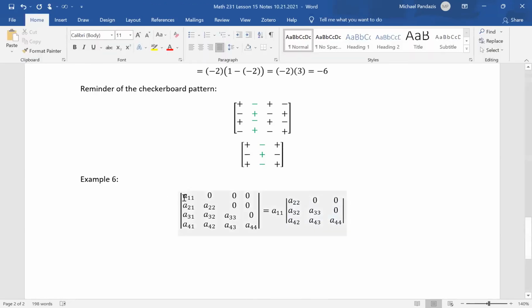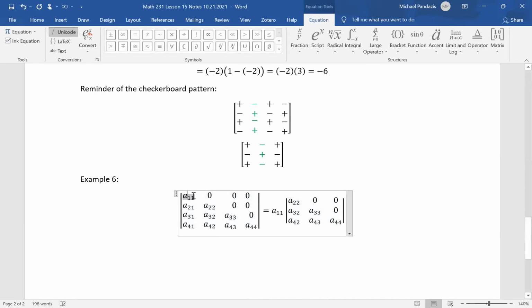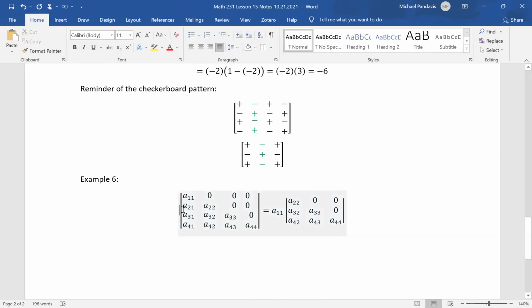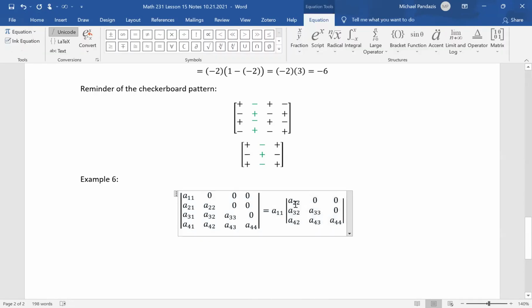All I did was take the cofactor expansion along the first row, and that means it's A11 times the determinant of this submatrix. All the other terms would be 0. And so now the determinant of this 4x4 matrix is equal to A11 times the determinant of this submatrix, which is still the determinant of a lower triangular matrix.